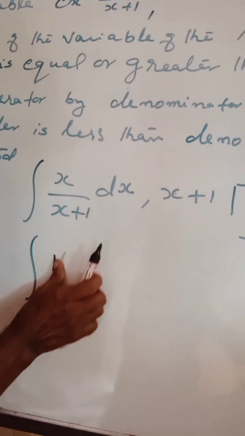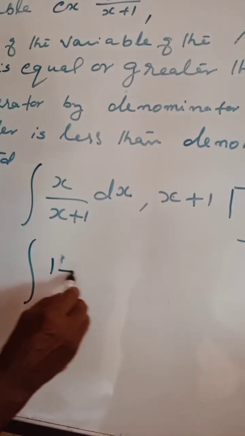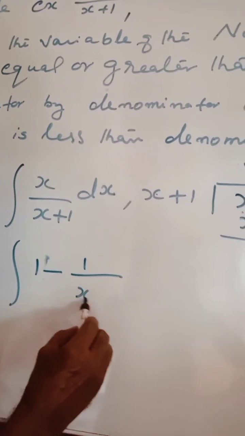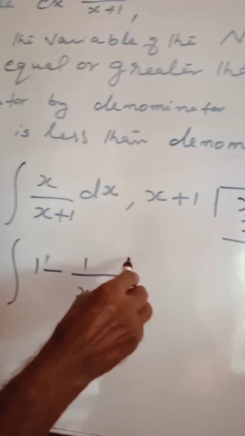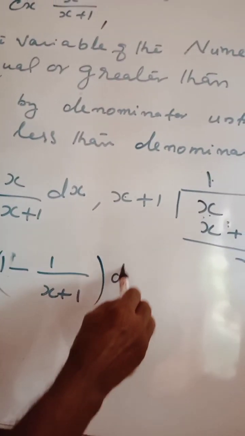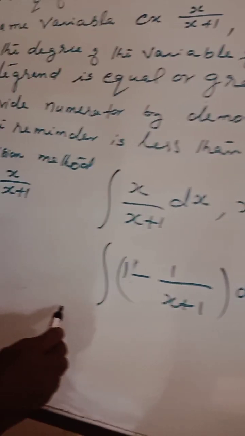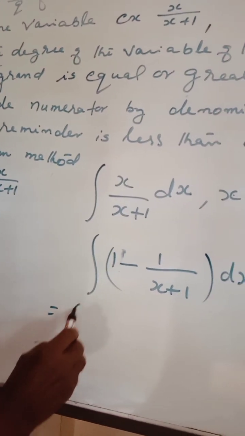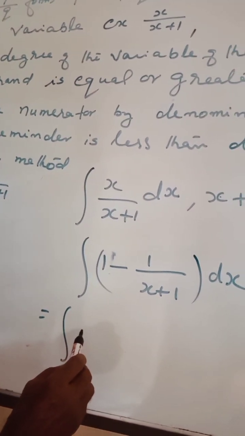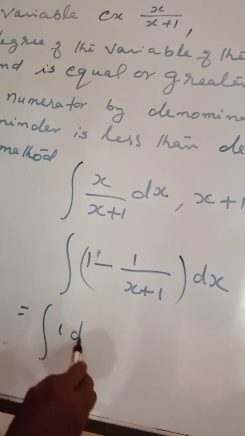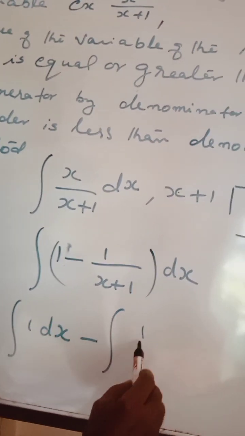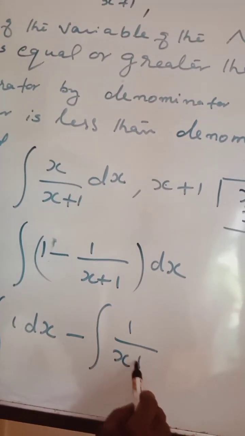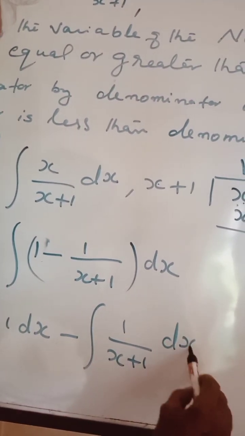We can put 1 plus minus 1 divided by x plus 1 into dx, which is equal to the integration of 1 dx minus the integration of 1 by x plus 1 dx.